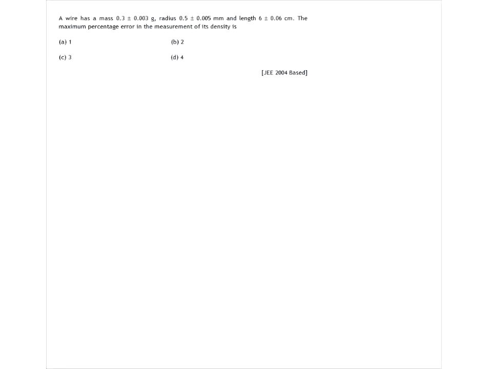I think you should find this one easy. Density. It's wire, so we assume it to be cylindrical.